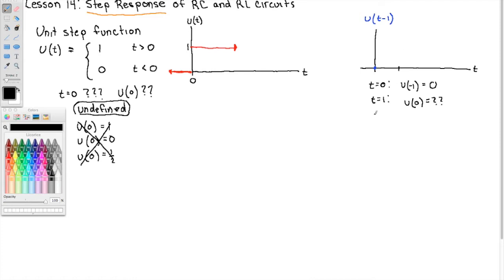In fact, if you plugged in t equals 2 to this function, this would be u of 1. So u of 1, this is positive time, so that's 1. So we've got the point 2, 1. And in fact, everything more than 2, and actually everything more than 1, you're going to get positive time there, and this function is going to be equal to 1.